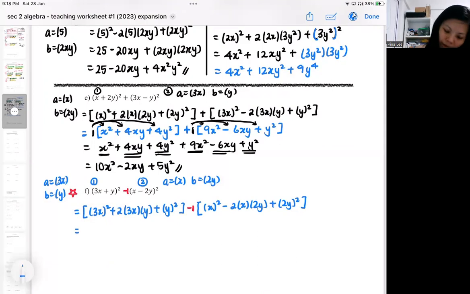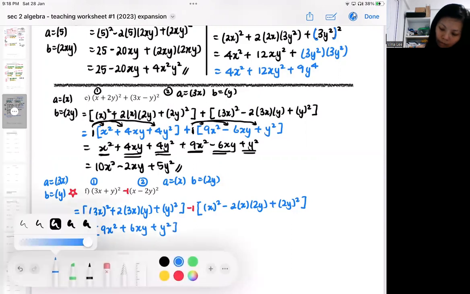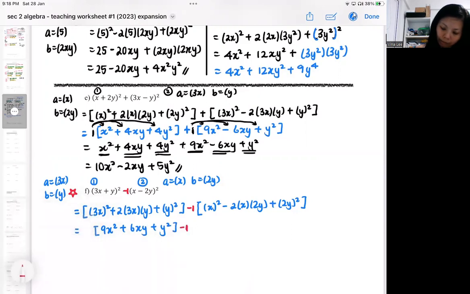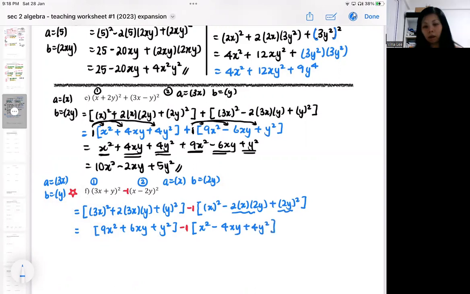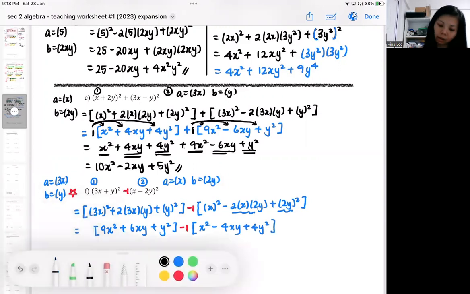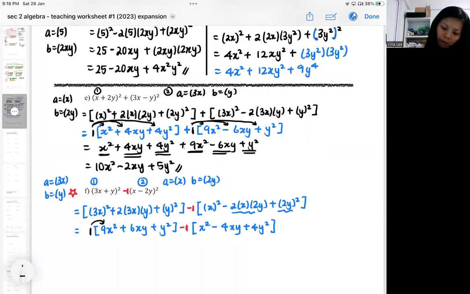Okay, you can simplify this first. When you simplify this, you got 9x squared, 6xy, minus 1. Simplify the bracket first. So this will be a 4xy. This will be a 4y squared. Then you expand in. Expand in the invisible 1.